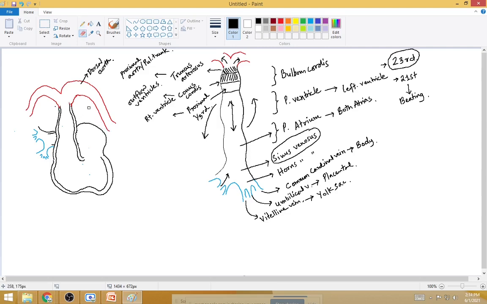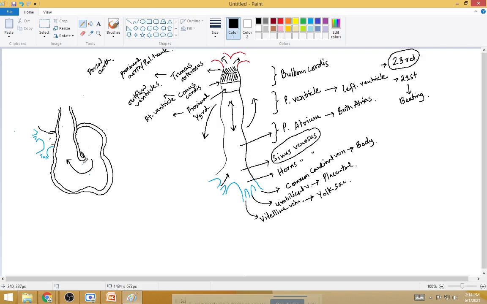Okay, we will remove this thing, not needed. So the atria are lying posteriorly. Now the canal, the blood is flowing again like this.